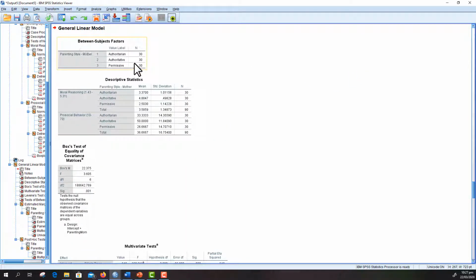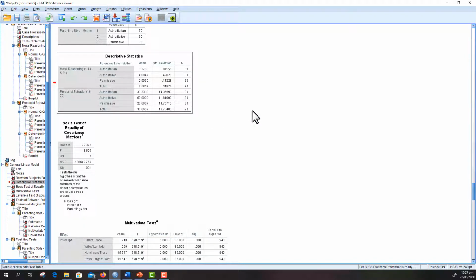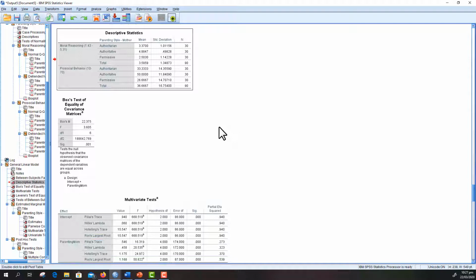We have our between subjects factor shown here. We only have one, so it's parenting style. And we have three groups: authoritarian, authoritative, and permissive. Then we have our descriptive statistics, although we would likely use the estimates table because it has the confidence intervals.